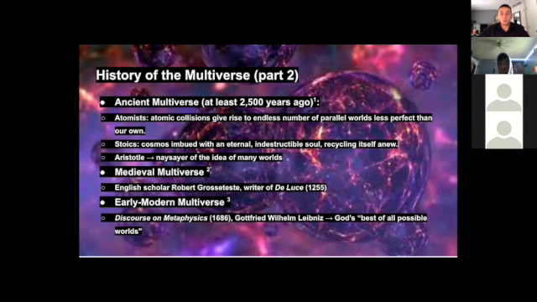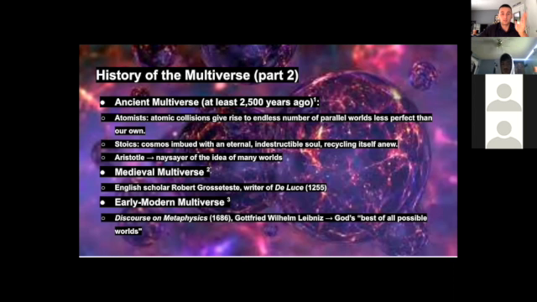Then moving on to early modern multiverse ideas. In his Discourse on Metaphysics in 1686, Gottfried Wilhelm Leibniz developed this notion of possible worlds that arose from the question of which world God would choose to bring into existence.